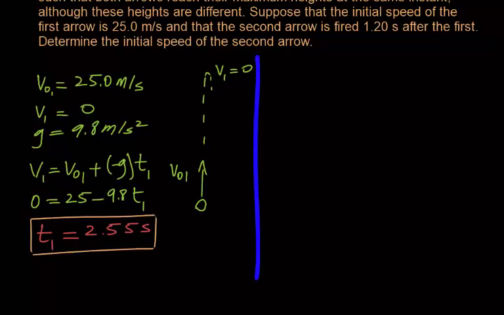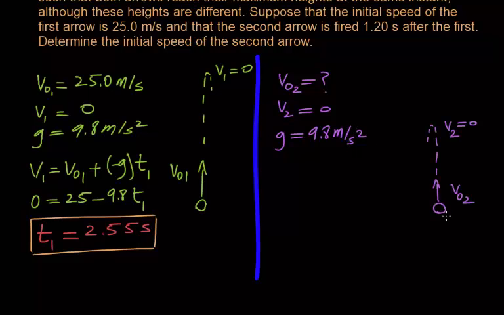Now let's focus on object number 2. The initial velocity for object 2 is not known, and that's what we're trying to solve for. The final velocity is going to be 0 like before. The g is 9.8 because the object is in free fall motion. Here is how the motion of object 2 is sketched.